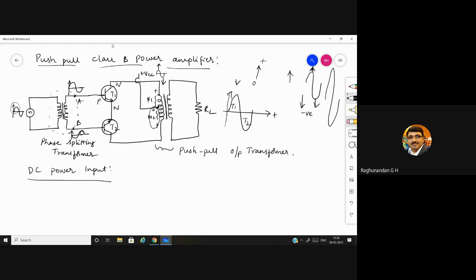This is the plus VCC. This is going to act as the DC power. Because of this DC voltage, you are going to get the DC power input, and by shifting the operating point properly, you are going to get maximum voltage at the output.